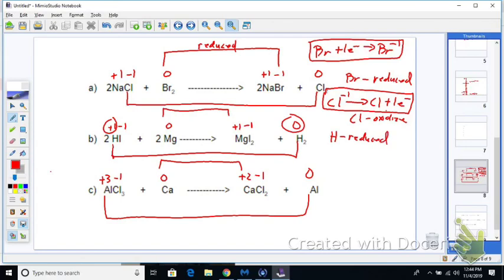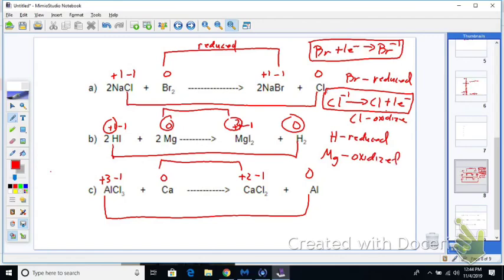Okay? Magnesium's going from a 0 to a +1. It gave up its electron. Okay, I guess this should be a +2, shouldn't it? Yeah. So it gave up 2 electrons. So magnesium is oxidized.